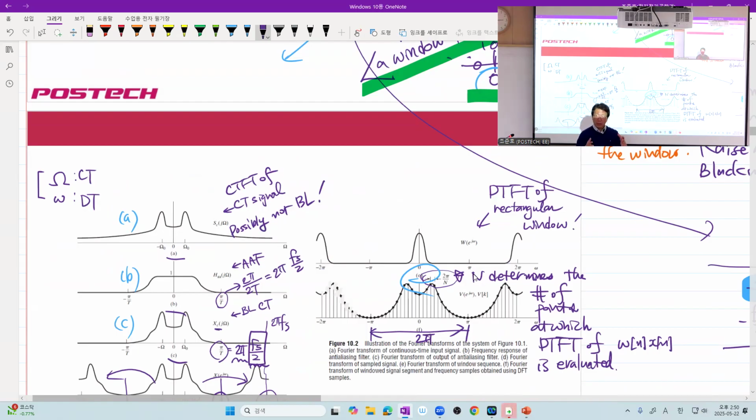So DFT allows us to evaluate DTFT, but not at all values of omega, only at specific integer multiples of 2 pi over the number of points. So this spacing is determined by the choice of the number of points in the DFT.